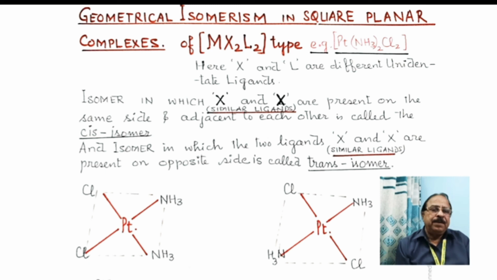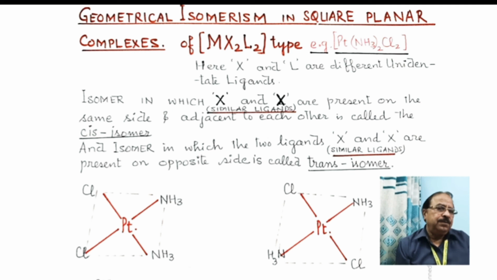What example will we discuss? We will discuss the example of a complex of platinum cation having two ammonia molecules and two chloride ions as ligands. Now look at the figures. On the left hand side, platinum is present in the center and the two chloride ligands are present on one side, adjacent to each other.